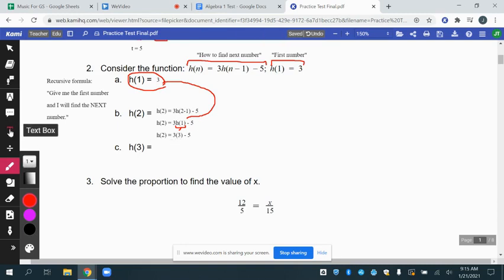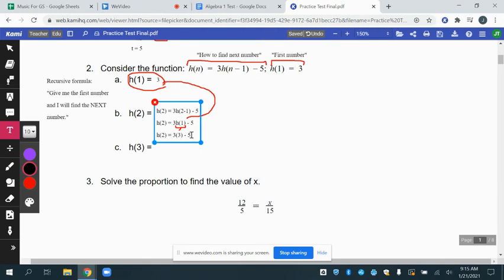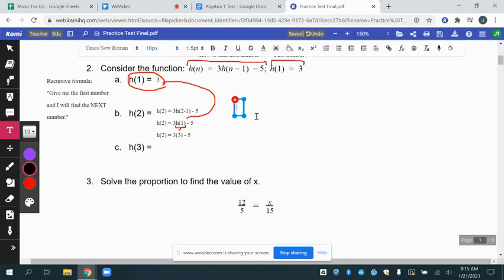So now I know that h of 2, I'm going to actually start another row over here. H of 2 equals 3 times 3 is 9 minus 5. H of 2 equals 4.